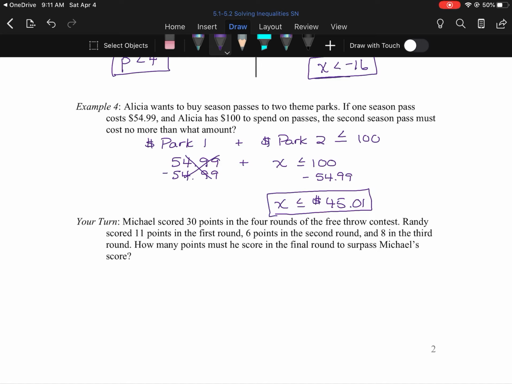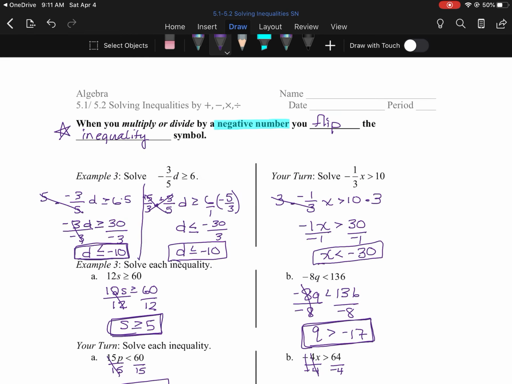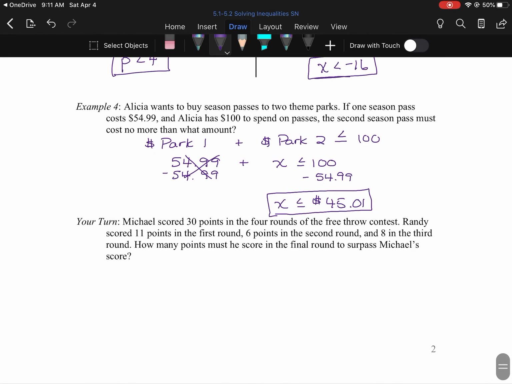So if that second park pass is $45, she's good to go. If it's $45.02, she is just a little bit short. All right, so again, pause the video, try the last your turn, come back.